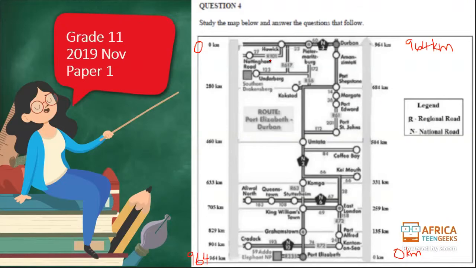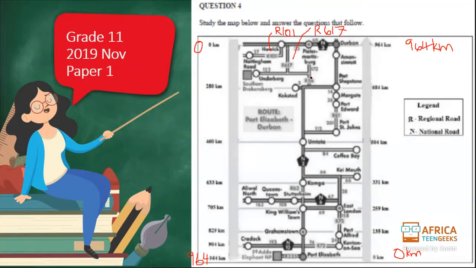For example, because it's not clear, this is R101, and this one here is R617. I'm sure you guys cannot see this well, right?